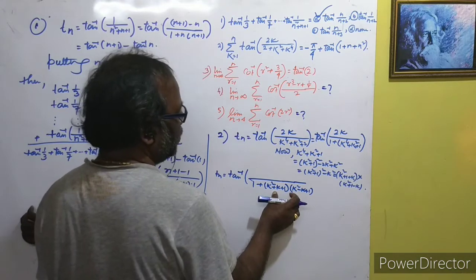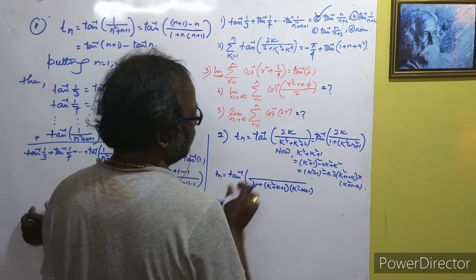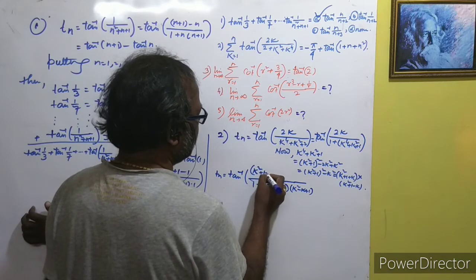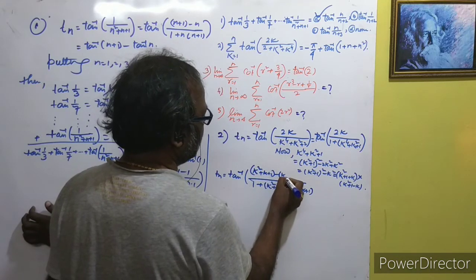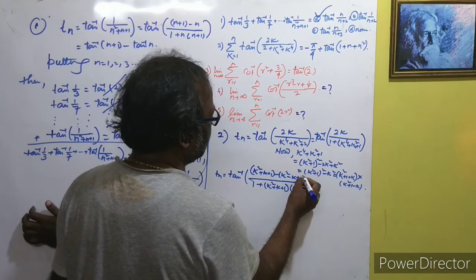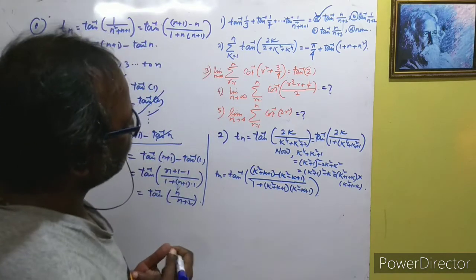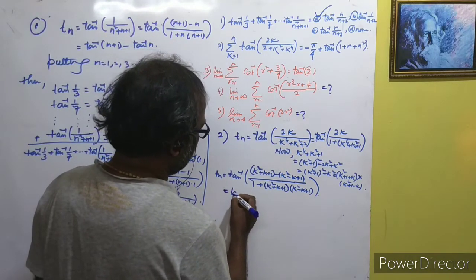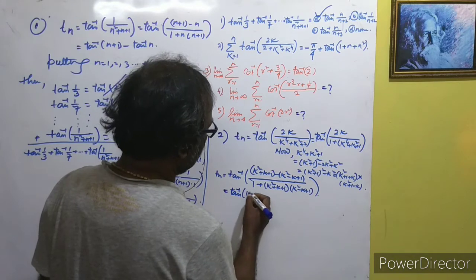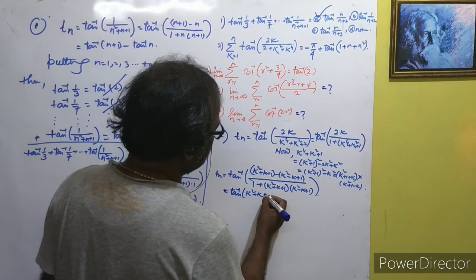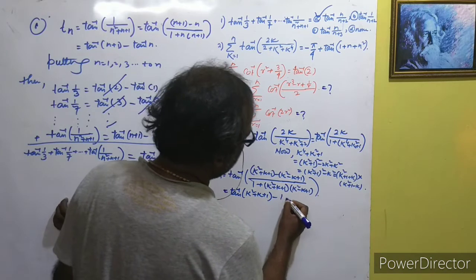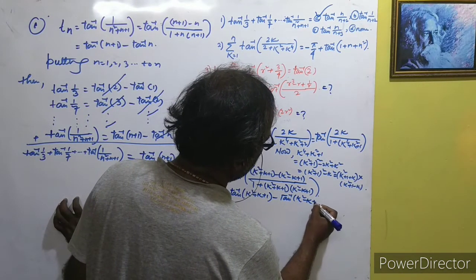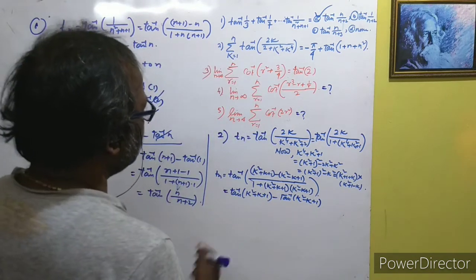As there is a plus in the denominator, there will be a subtraction in the numerator: k square plus k plus 1 minus k square minus k plus 1, and this is 2k. So splitting the formula, we get tan inverse of k square plus k plus 1 minus tan inverse of k square minus k plus 1. This is your Tn.